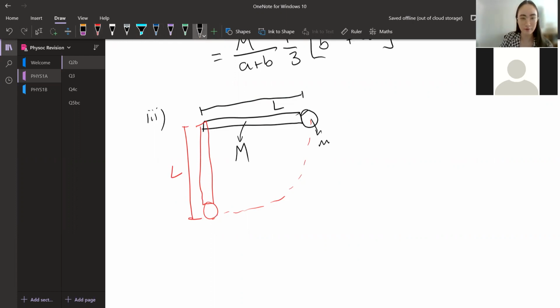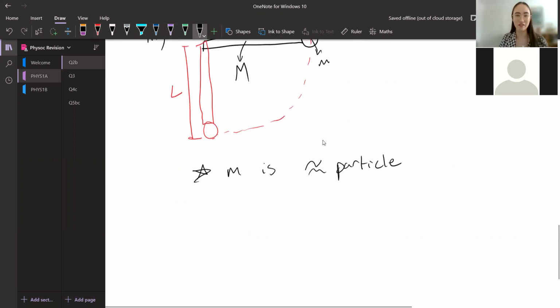So the assumption we made was m is approximately a particle, which means we don't really have to consider rotational inertia for it or any kind of weird moving mass parts. It's just a point mass moving through space.